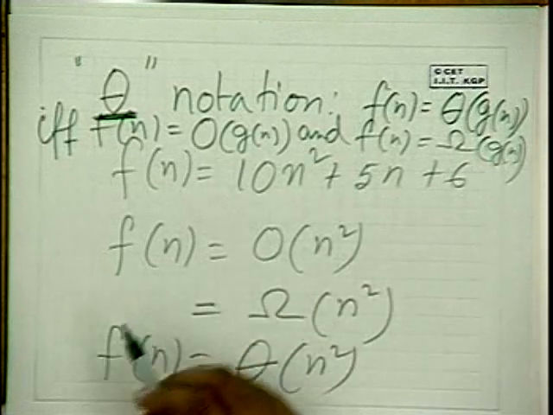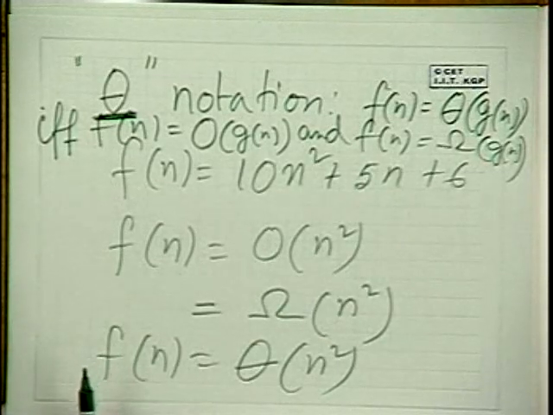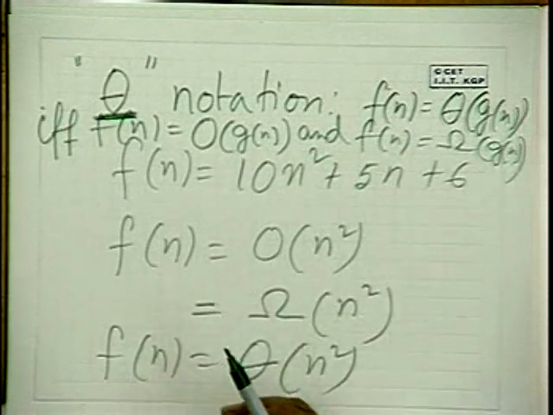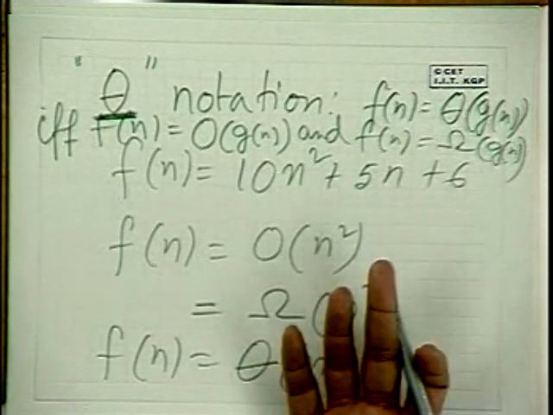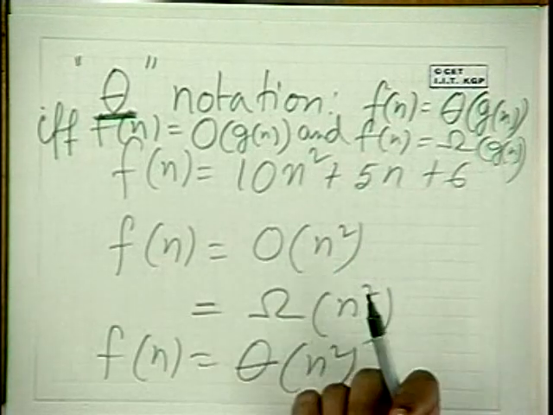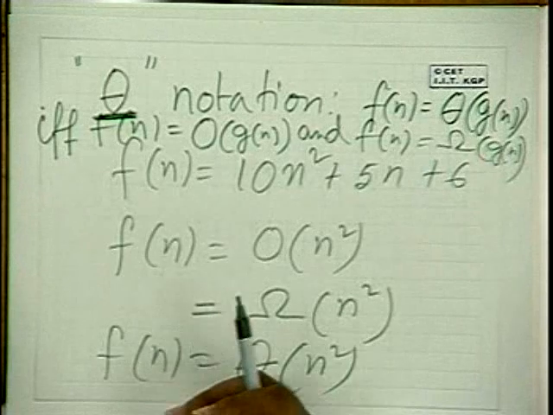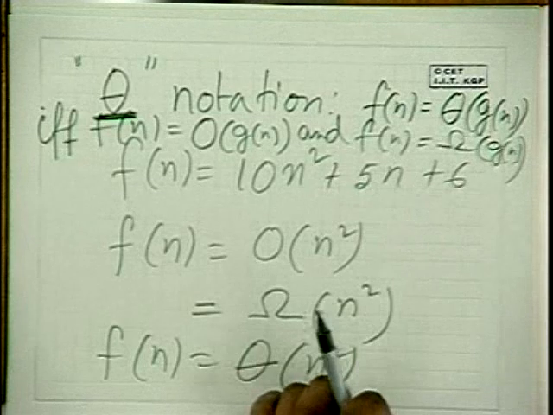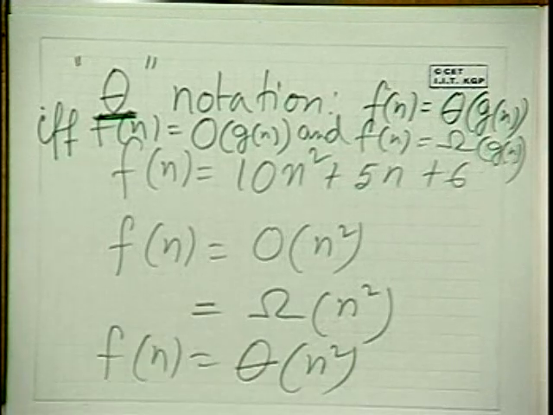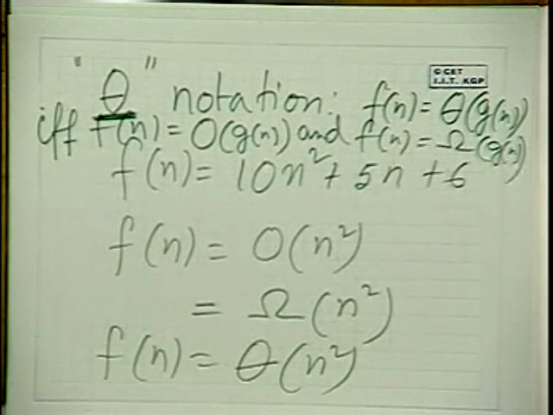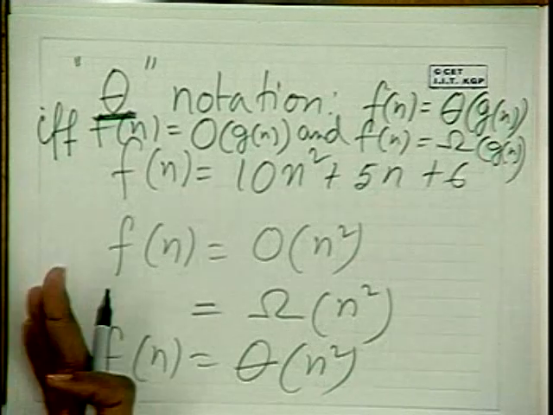What is the significance of theta? That's what I was explaining all the time. The significance of theta is that you have shown that this analysis is the best, because you have proved that nobody can improve this analysis anymore. If you only prove order, somebody may ask you why it is order of n square, why not order of n? Now if you show this is omega of n square, this question is gone.